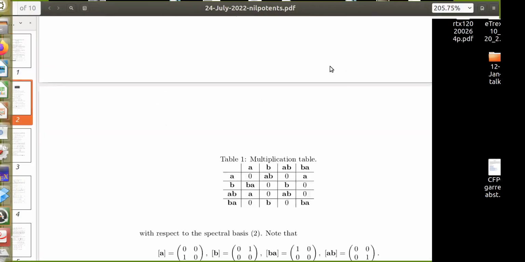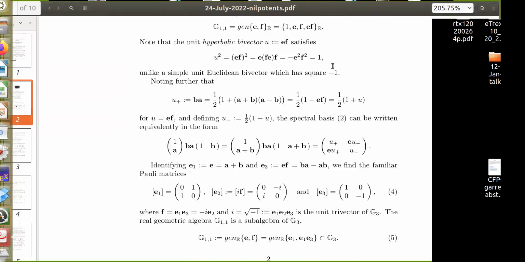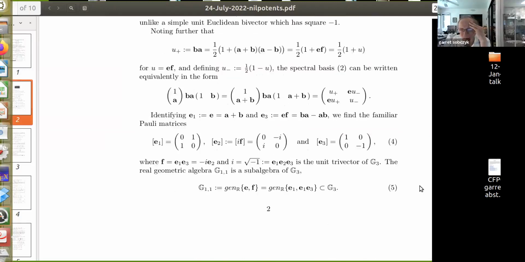Okay, let's go back here because this is the important thing. This equation number 5. Notice that I'm saying that G11, which we identified as generated by E and F, is a subalgebra of G3. And E is equal to E1, and E1 times E3, which is a bivector in the algebra G3, is identified with the vector F in the geometric algebra G11.